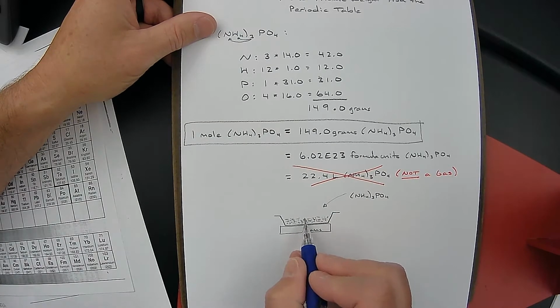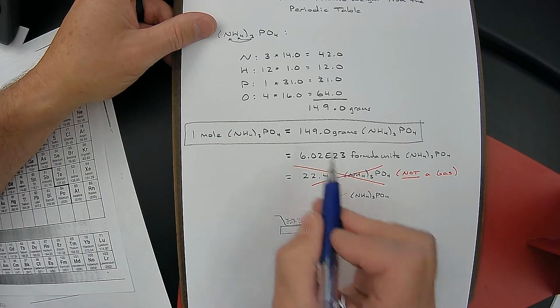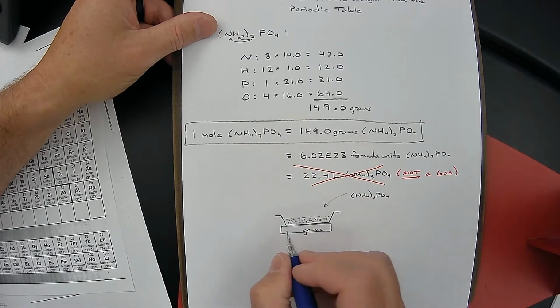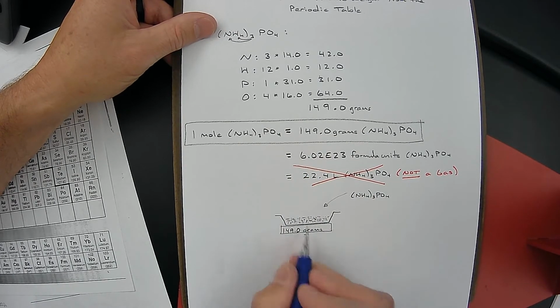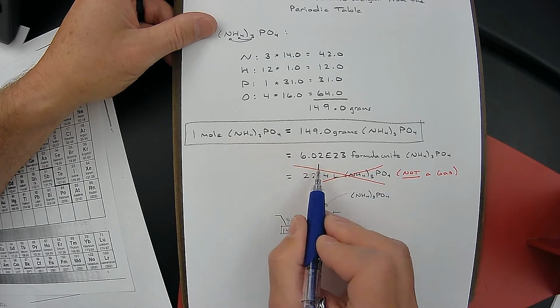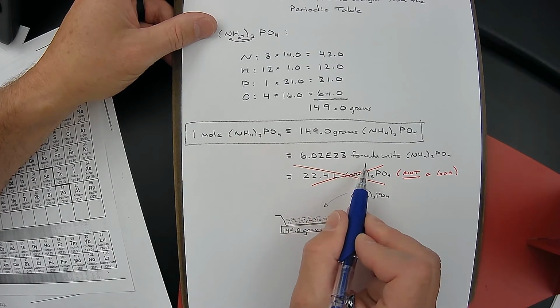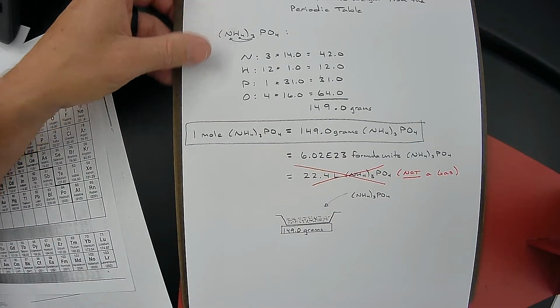So we start putting the (NH4)3PO4 onto the balance until the balance reads 149 grams. As soon as the balance reads 149 grams, I know I have 1 mole, so I know I have 602 billion trillion formula units of (NH4)3PO4.